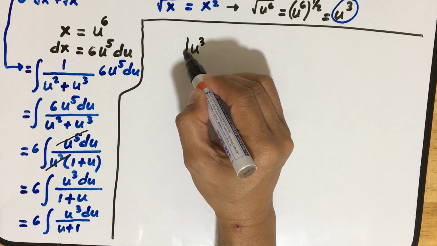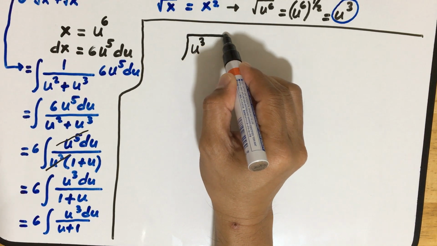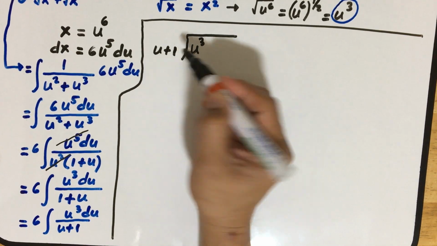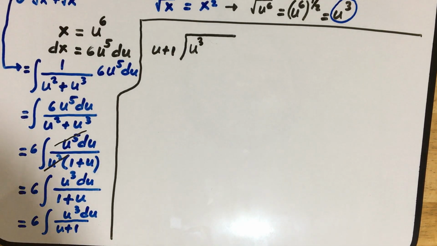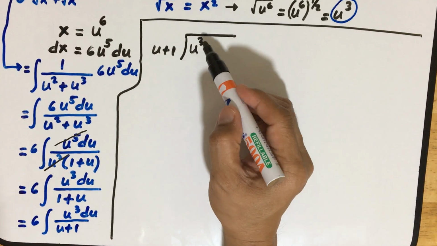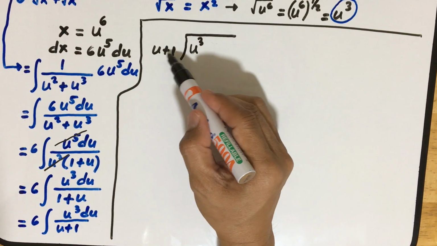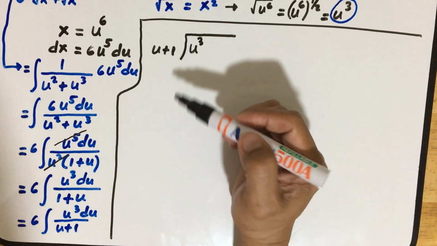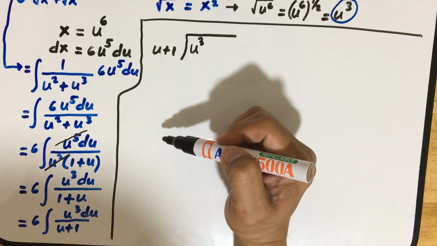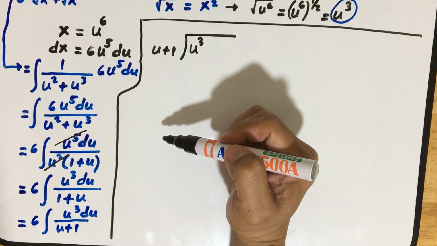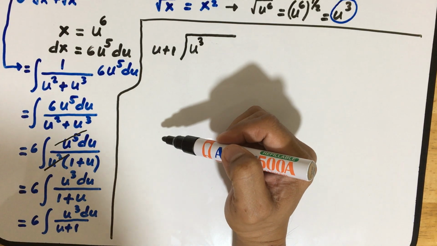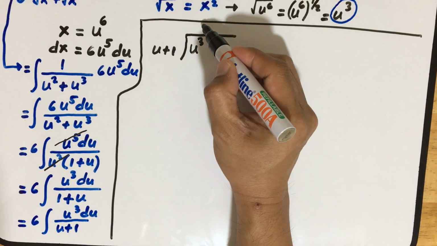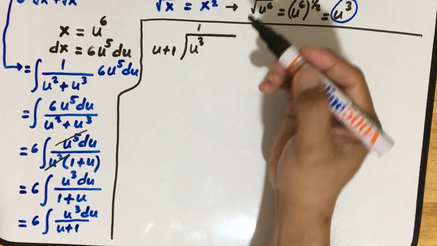Then we divide this by u plus 1. How to do the long division? The first term of the divisor divides the first term of the numerator. What is left? So we have 1 times u.